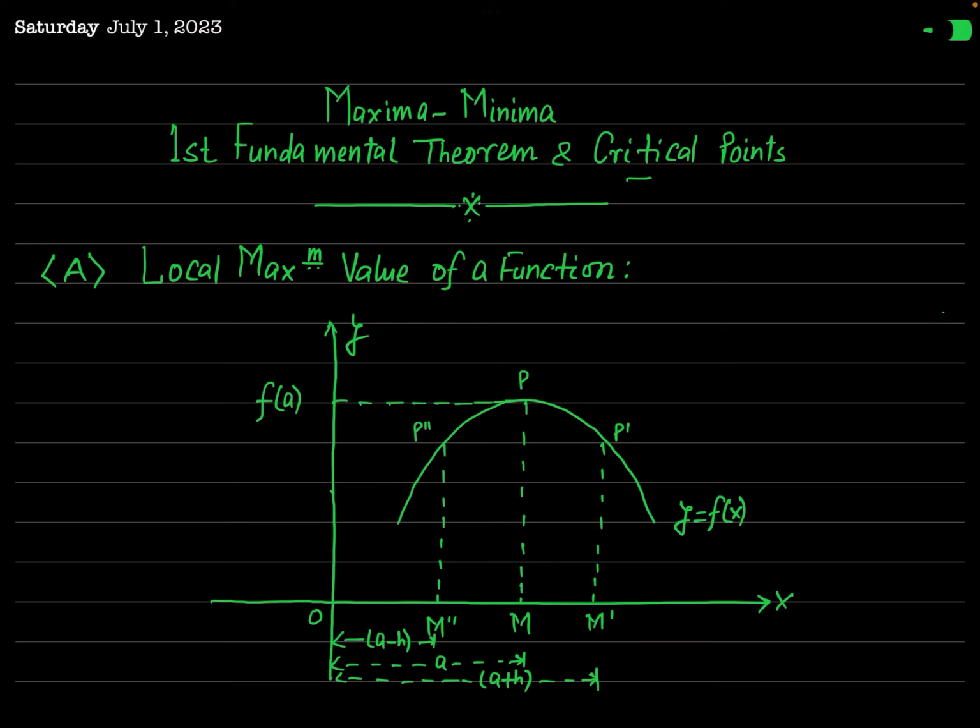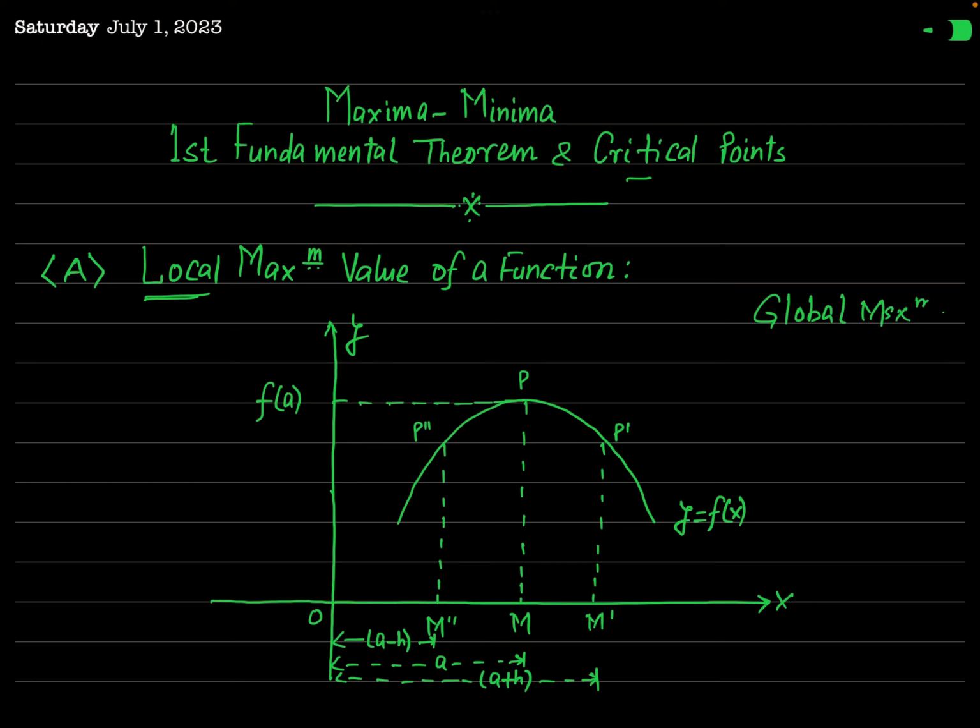So how will the local maximum value of a function be defined? When you say maximum, actually we define two kinds of maximum value of a function. The first is called local maximum, and the other is called global maximum. But here I am just talking about the local maximum value of a function.